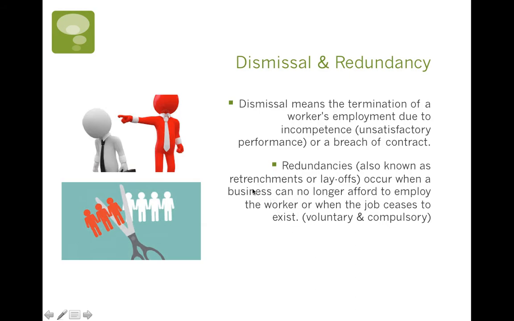Redundancies, also known as retrenchments or layoffs, happen when businesses can no longer afford to employ workers or when the job ceases to exist. Okay, so the employee is not being fired, but they are losing their jobs because the job doesn't exist anymore. They've not done anything wrong in this sense.